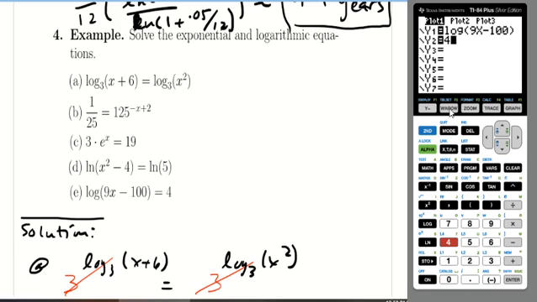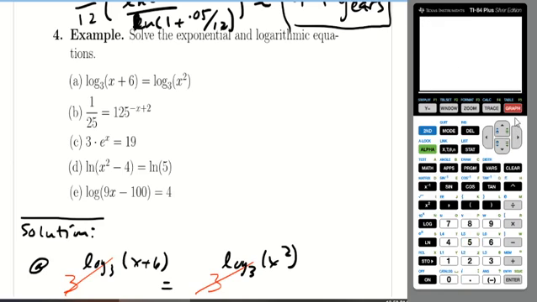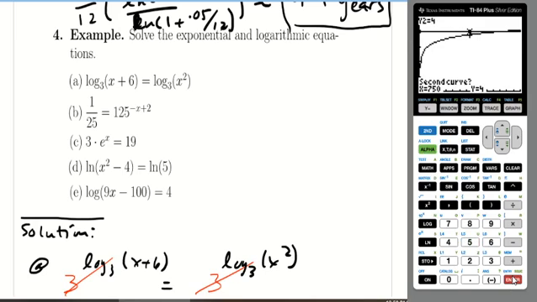But I know the answer is about 1100, so let's go from 0 to 1500 by hundreds. And I know it's got to go to y equals 4, so let's go from 0 to 5. There's your logarithmic part. There's your horizontal line. So then we do second trace 5. Enter, enter, enter. There we go, and that was right.